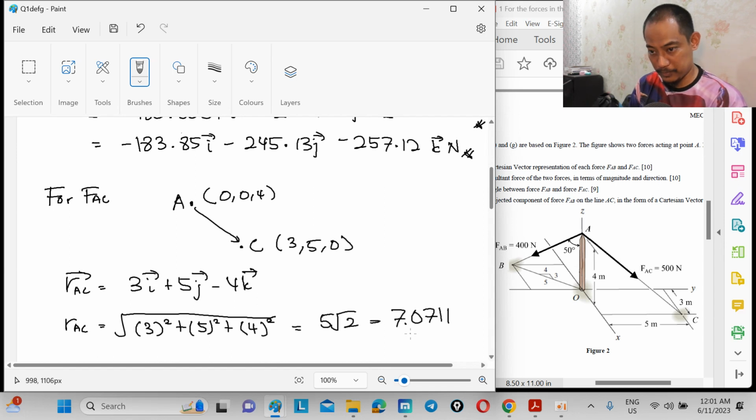Again, square root of 3 squared plus 5 squared plus 4 squared.